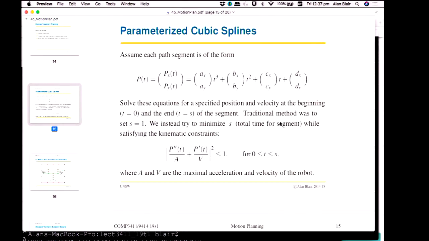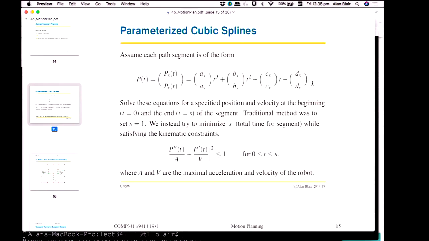So if I put t equal to 0, this initial point has to lie on that line segment. So that gives me one constraint. And then the final point also has to lie on the line segment, so that gives me a second constraint.